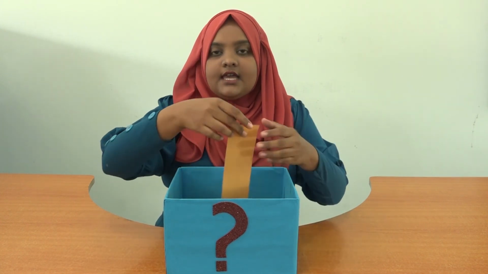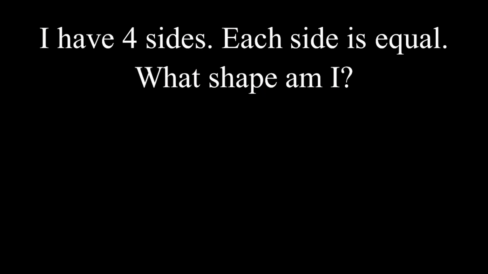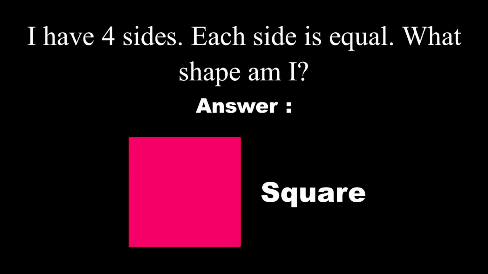So the first question that we have is, I have 4 sides, each side is equal. What shape am I? Make sure you write your answers or you can even draw it.